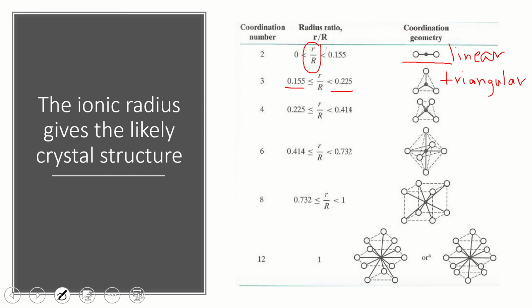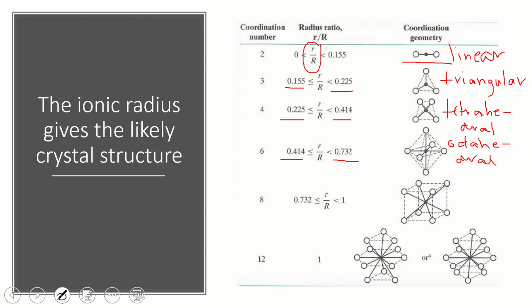If the radius ratio gives us a number between 0.225 and 0.414, we're going to have a tetrahedral geometry. And if the radius ratio is between 0.414 and 0.732, we're going to have an octahedral geometry.